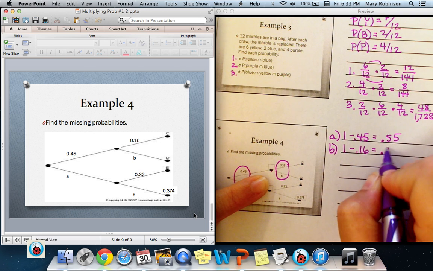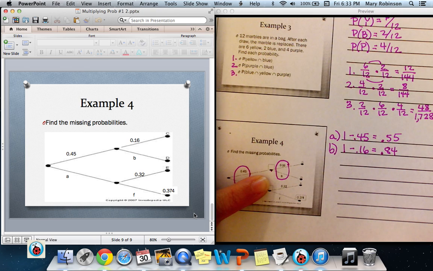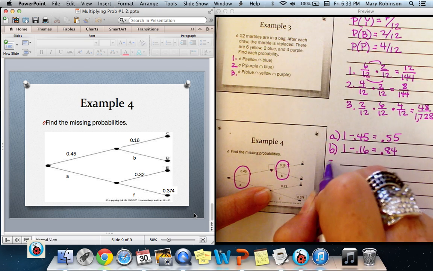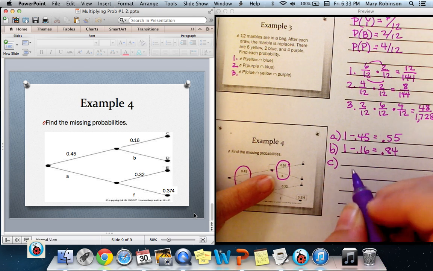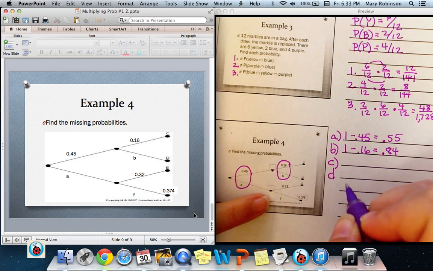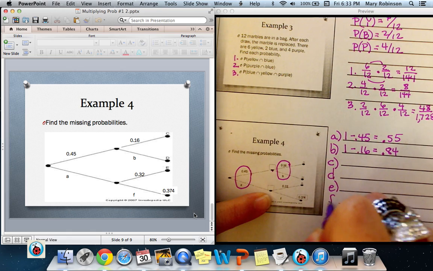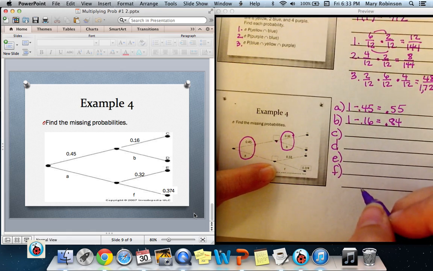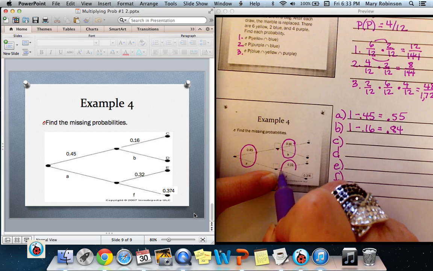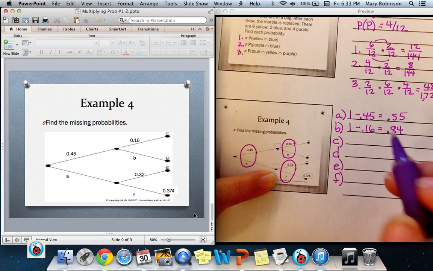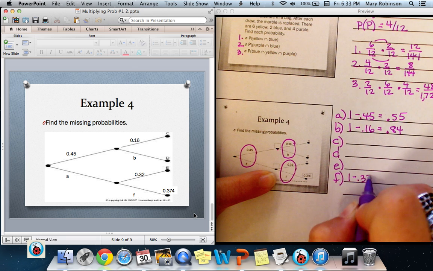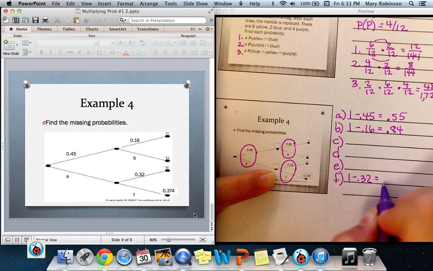And that would be 0.84. For C, actually I'm going to skip C for a minute and come down here and do F. To find F, since we were on this branch of the tree, let's do 1 minus 0.32, and that would give us 0.68.